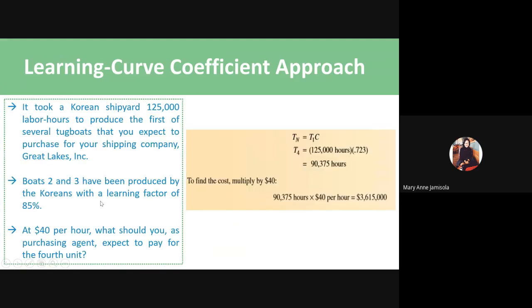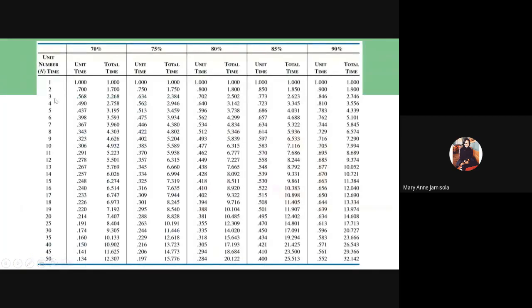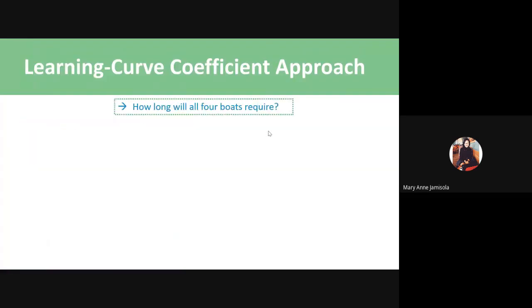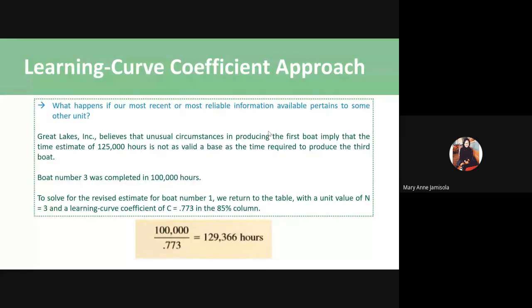If you look at the coefficient for 3 under 85%, the coefficient is 0.773. Let's multiply that to 125,000 hours. It will give you only 96,625, right? So 125,000 hours times 0.773 is only 96,625.